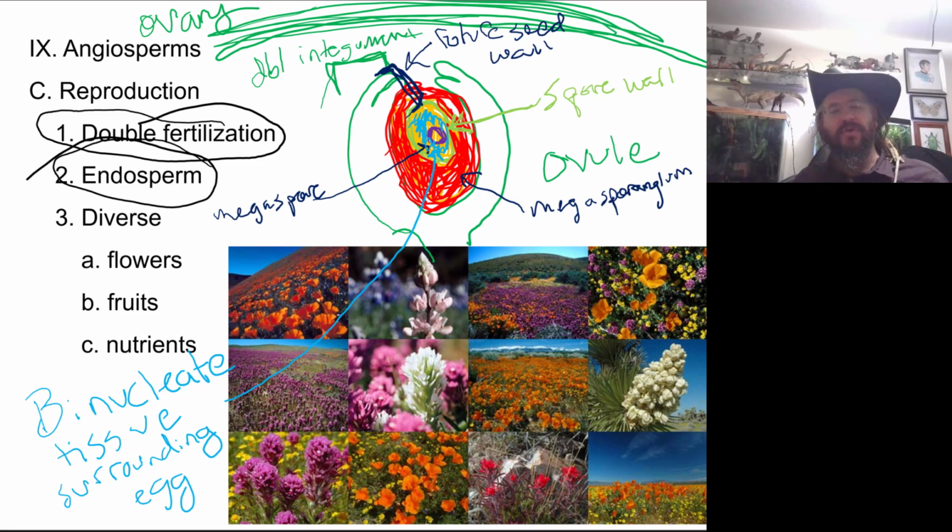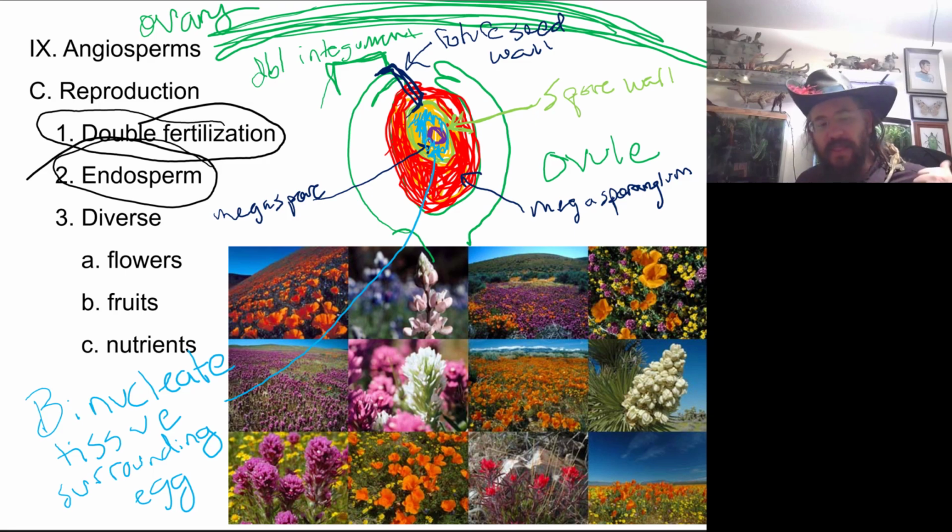Pollinators can travel large distances, right? Especially when you get to the point where you have bird pollinators. There are flowers that attract birds, hummingbirds for one, and those can travel very large distances. So your ability to attract pollinators via flowers, man, that amps up the distance between mates, right?